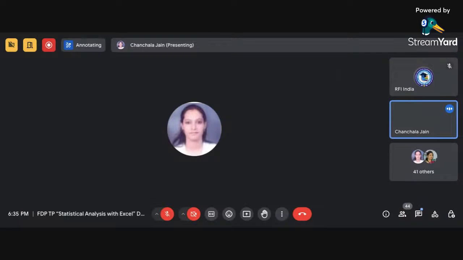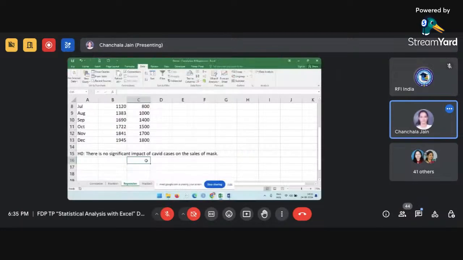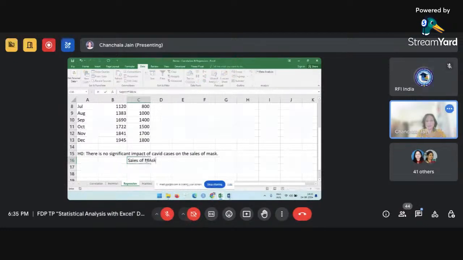of masks, right? So that means I can say this thing that sales of mask is the dependent variable and COVID cases is the independent variable. So I'm having one dependent and one independent variable.